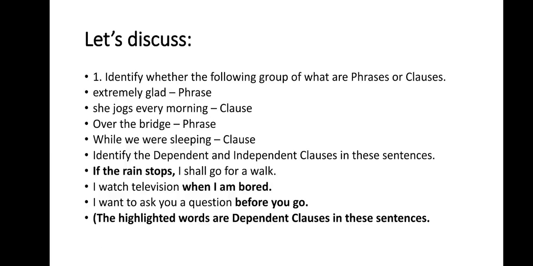That is the independent clause here. And the latter half, before you go, that is the dependent clause. Very good. So the highlighted words are dependent clauses in these sentences.